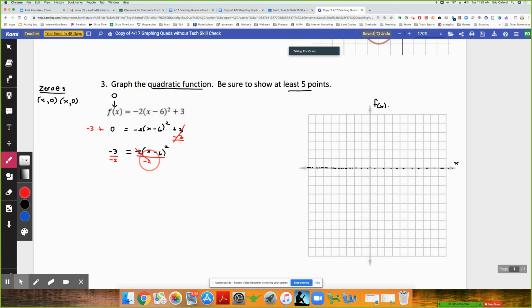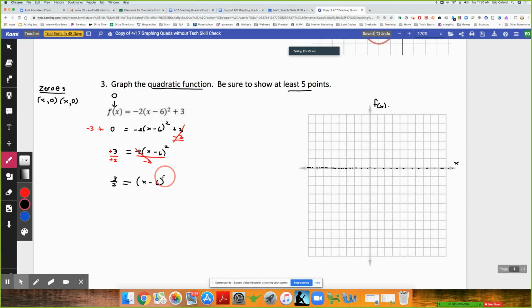And this -2 and this -2 divide to be 1, and over here I've got a negative divided by a negative, which makes it a positive. And so I have a fraction, 3/2, equals.